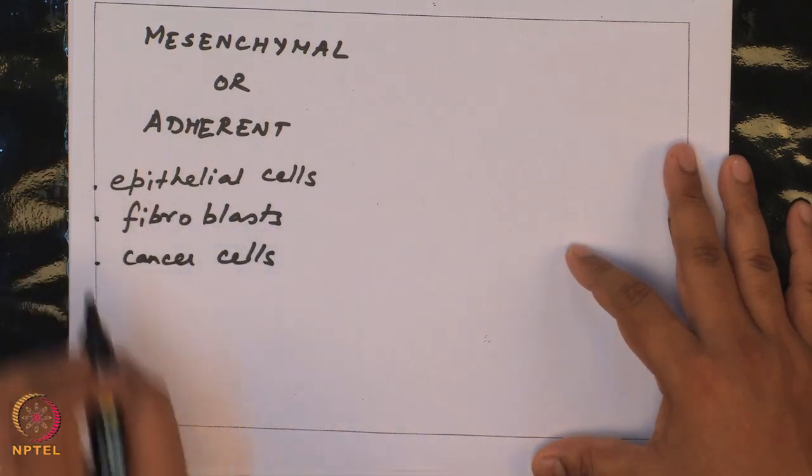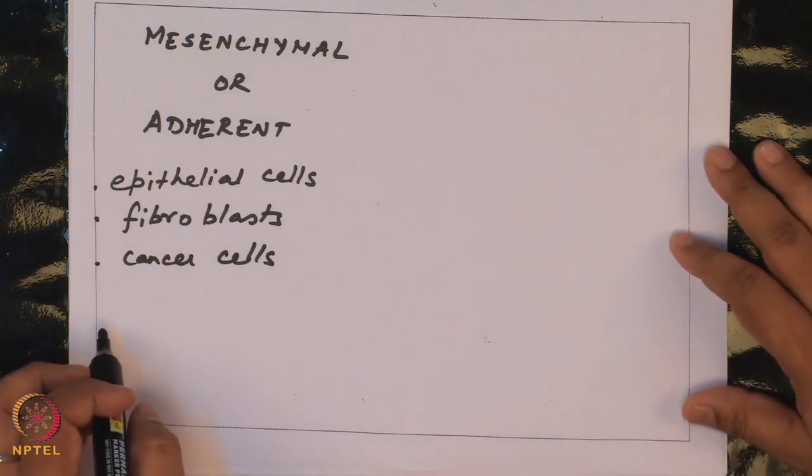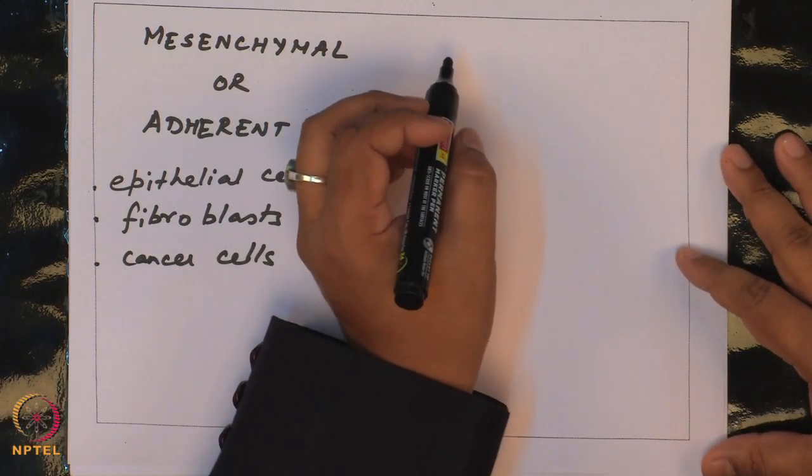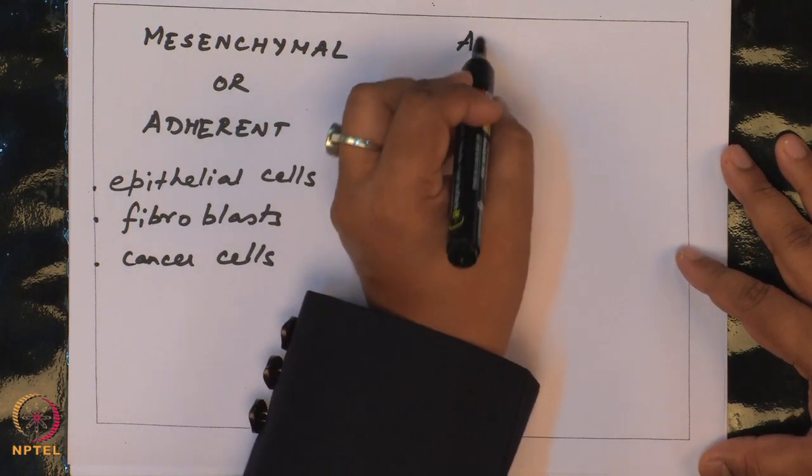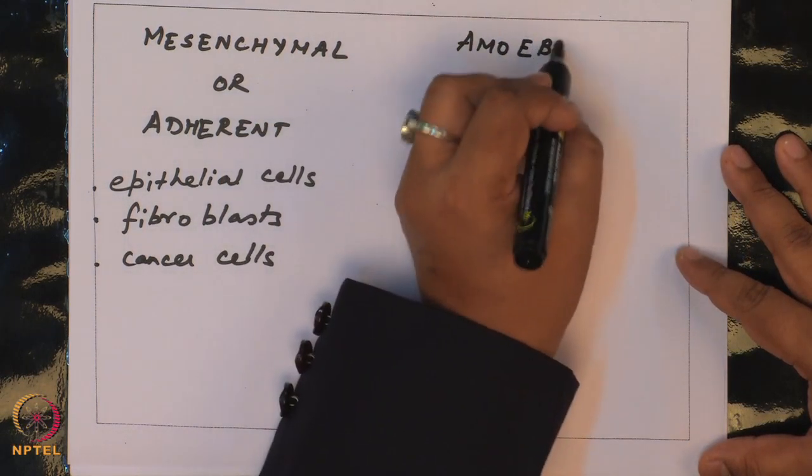There are various types of cells which exhibit this migration, but you also have another mode of migration which is called amoeboidal migration.